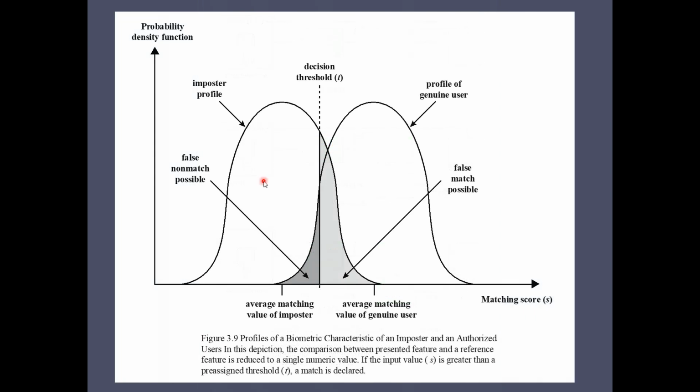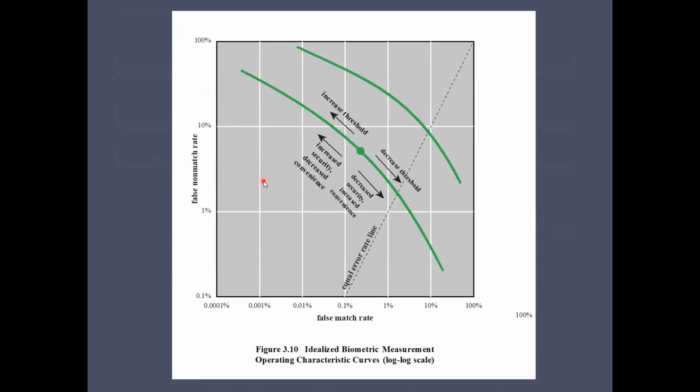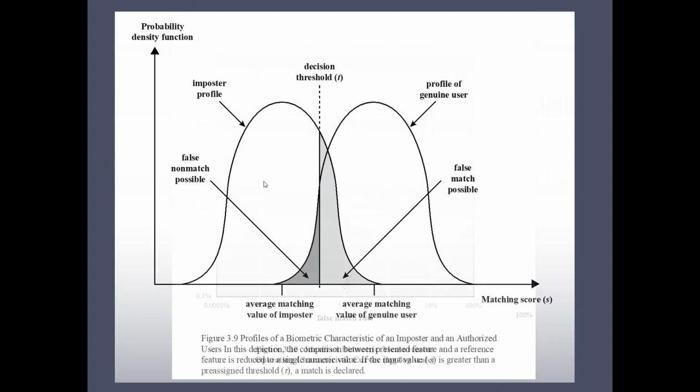The first one is that the genuine user, the authorized user, will be rejected. It is called false non-match, or in other words, false rejection rate. So it is false non-match or false rejection rate.